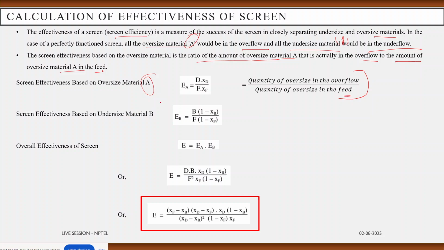Similarly, you can make an expression for screen effectiveness of material B, that is EB equals B into 1 minus XB by F into 1 minus XF. Thus we can calculate the overall effectiveness of the screen, E equals EA into EB. We can do some substitution and follow the final expression for calculating the overall effectiveness of the screen.